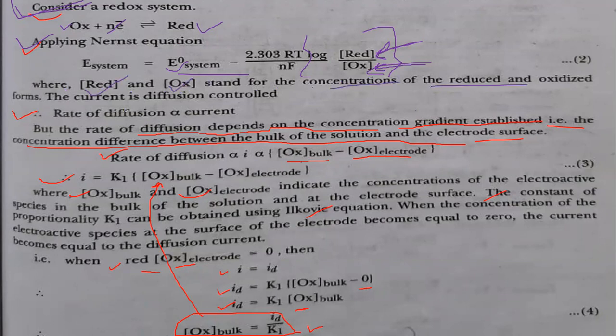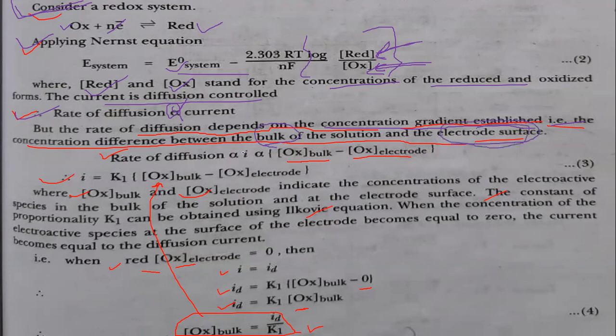As we know, current is diffusion controlled, therefore the rate of diffusion is proportional to current. But the rate of diffusion depends upon the concentration gradient established, that is, the concentration difference between the bulk of the solution and the electrode surface.